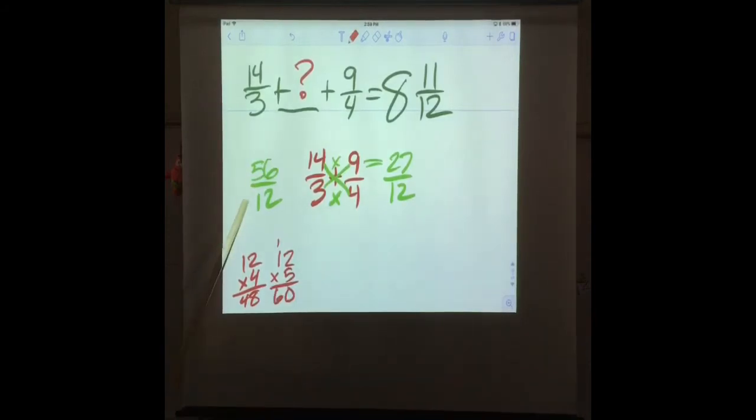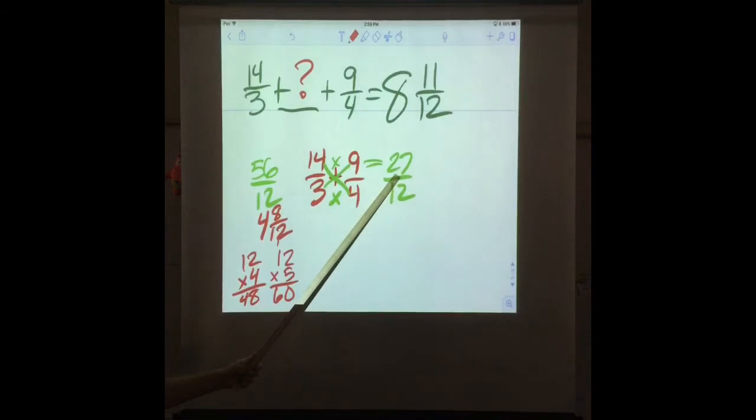So that means that we have 4 wholes, and how many left over? Well, we'd say 48, 49, 50. So 6 plus 2 is 8 twelfths.